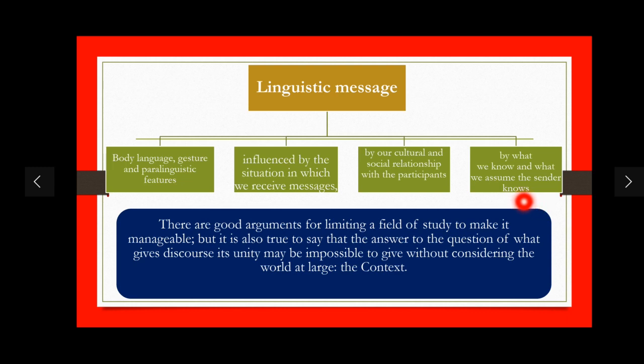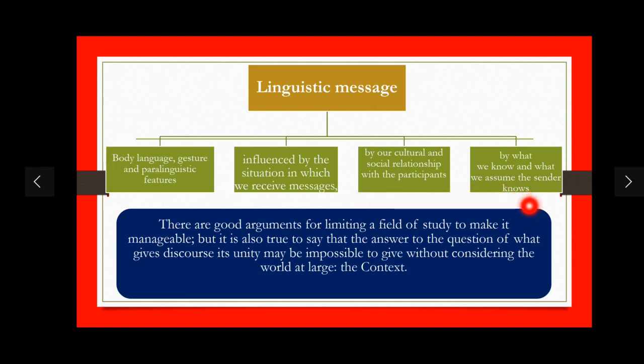So we do not only focus on the linguistic features or the words uttered by the speaker, but we also focus on what the speaker is doing with his or her body and what the voice quality is, right? Besides this, we also focus on the situation in which the listener receives a message, the difference between the speaker and listener culture, or the social relationship between the speaker and the listener.